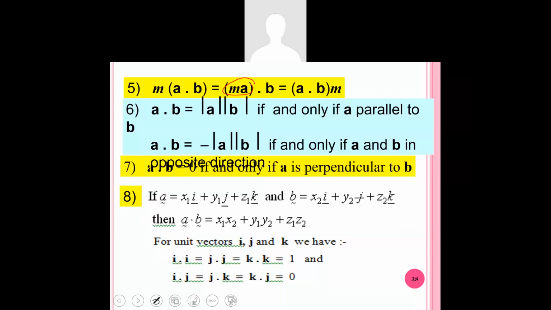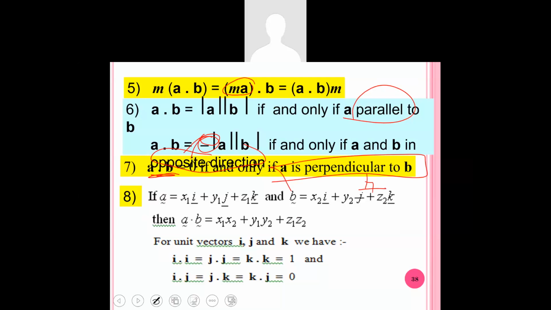And then, the dot product of A and B is equal to the multiplication of its magnitudes only if they are parallel. That was rule number 2. And if it is in the negative direction, or in the opposite direction, sorry, I went a bit fast, therefore it is the negative of the multiplication of the magnitudes. Right, and then A dot B is equal to 0, we're looking at number 7 here, if and only if they are perpendicular, at right angles.